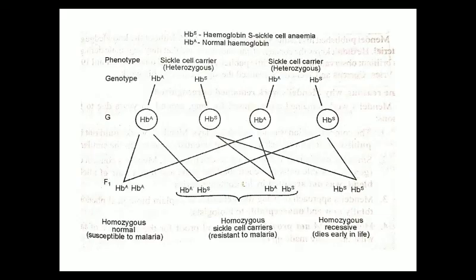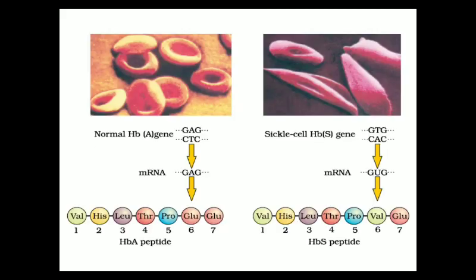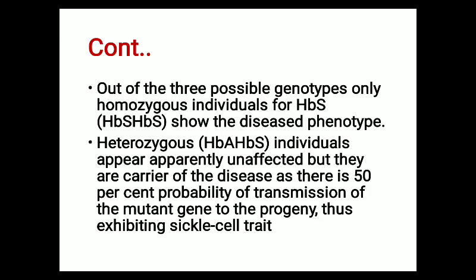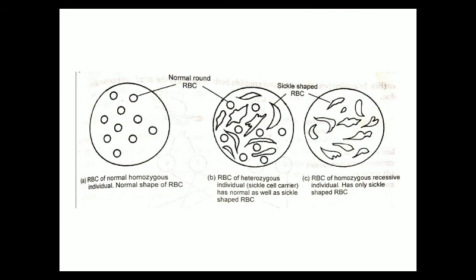And there is one advantage regarding sickle cell anemia: if any person is heterozygous, that is, if the genotype of that person is HBA HBS, then such a person will show resistance against malaria. So this is very important. Sickle cell anemia is related with malaria disease also. If any person has the genotype HBA HBS, they will be resistant against malaria.